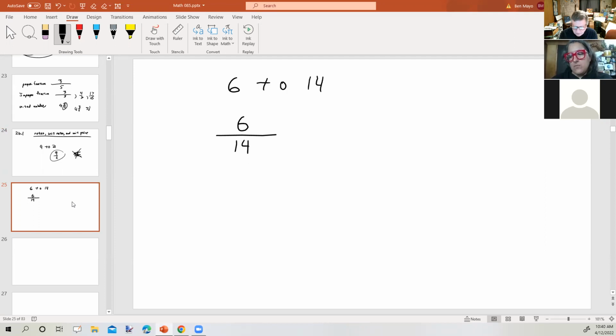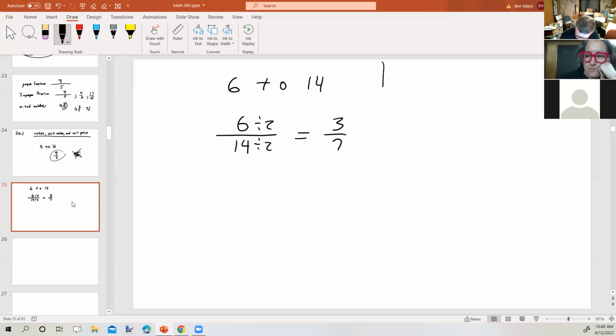Keep in mind, in the final answer, there should be a whole number on top and a whole number on the bottom. Since 6 and 14 are both even, we could divide both the numerator and the denominator by 2, and we'd get 3/7 or 3 to 7. So that would be the simplified form of that ratio, because I can't reduce it any further. Any questions about this example?